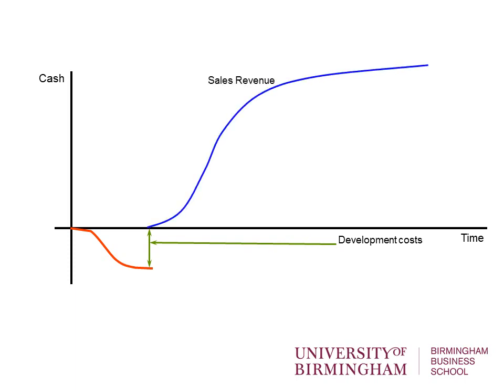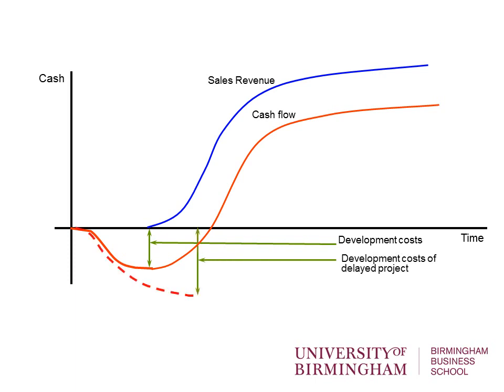Okay, and then once you get to a stage where it can be sold, you get a revenue from selling it. And you can see that goes up. Now, if you take the sales revenue away from development costs, you get a cash flow. And the question I pose is, what happens if for some reason the development costs are delayed?